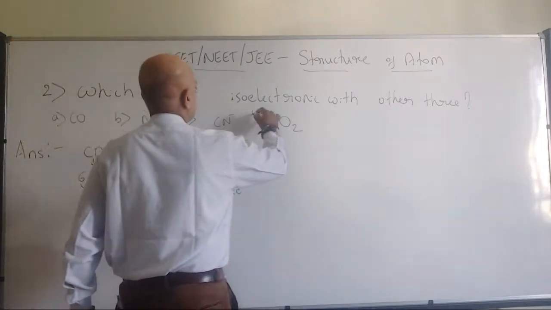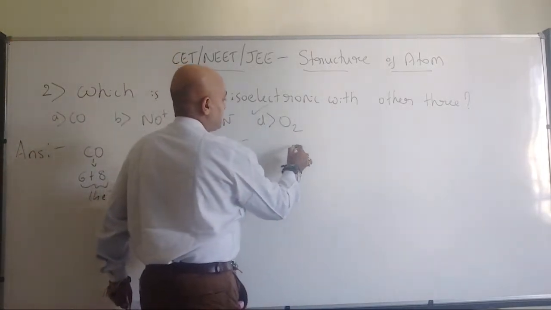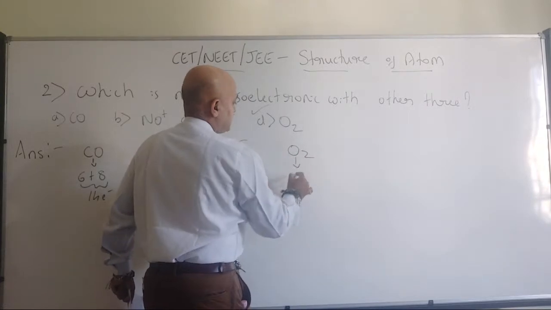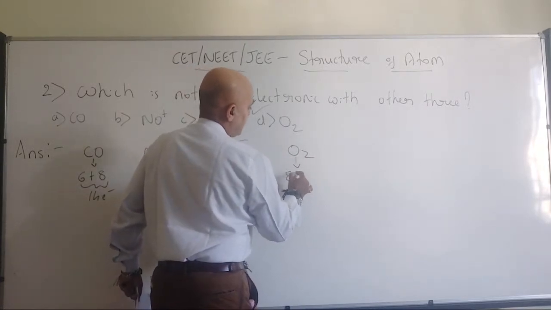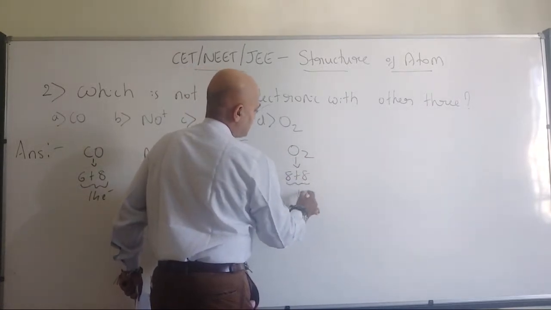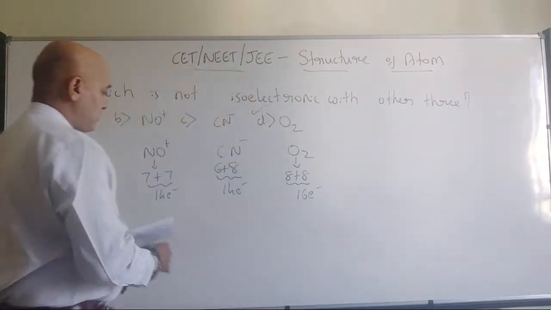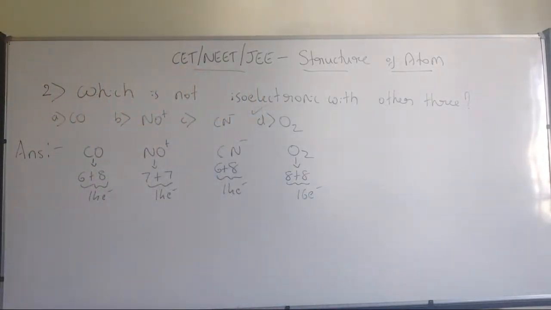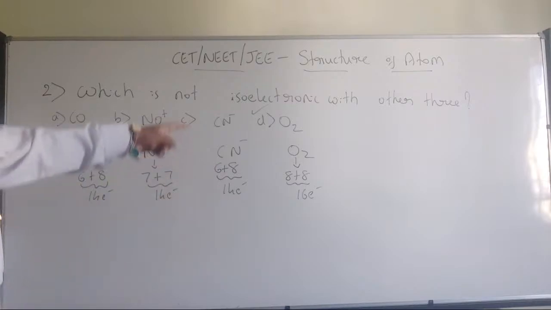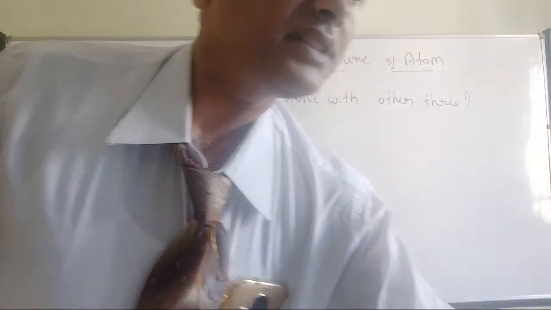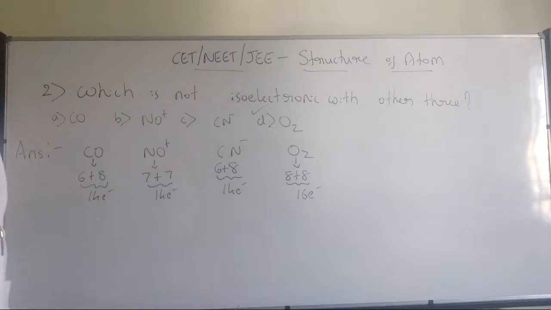Naturally option D should be the answer, because when it comes to oxygen, it will be 8 plus 8, that is 16 electrons. So naturally oxygen is the one which is having different set of electrons. All the others, they have 14 electrons.